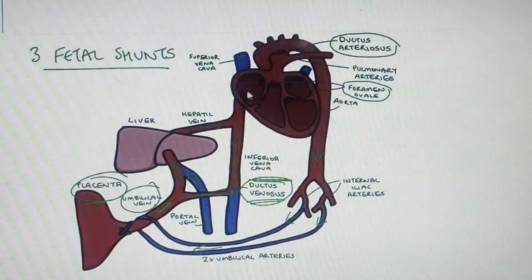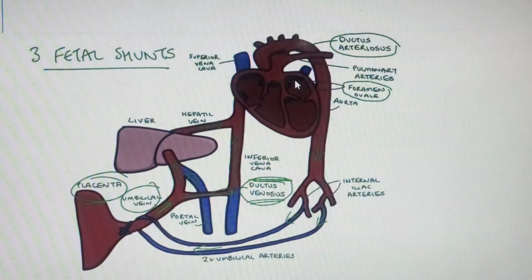So it gets into what we call the right atrium of the heart. Within the right atrium of the heart, it is bypassed. Now normally we expect that it goes into the right ventricle, but in fetal life, most of the blood goes through a foramen in the interatrial septum, known as the foramen ovale, to get into the left atrium.